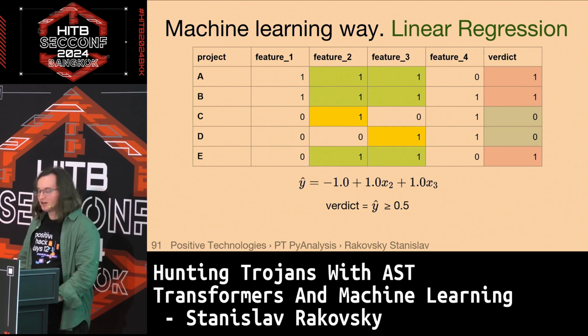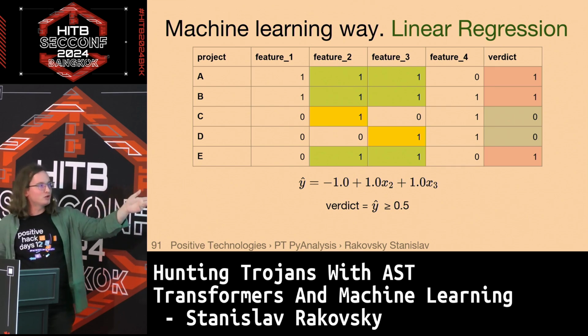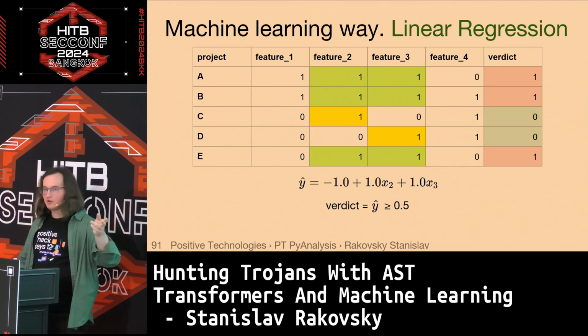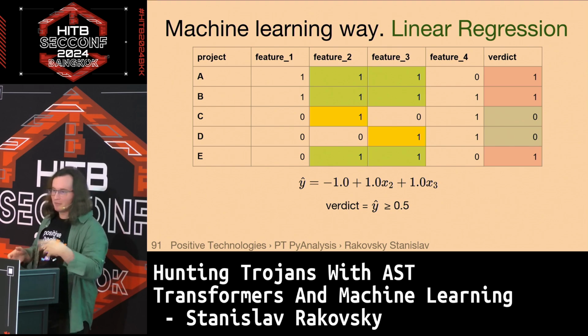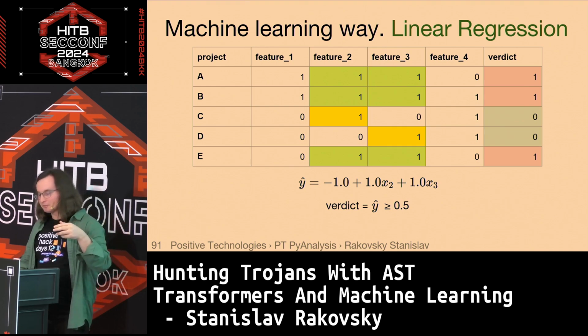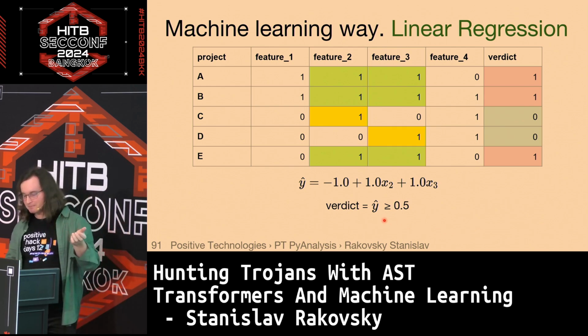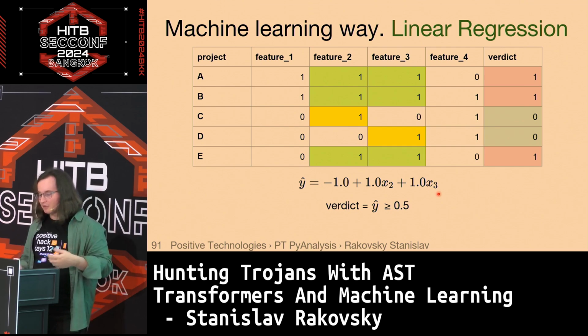For example, linear regression. We have an output as the final formula. If the package is malicious, it would be +1. If it is non-malicious, benign, it would be -1 or 0. Using this formula, we can see that features 2 and 3 will be selected for this decision.